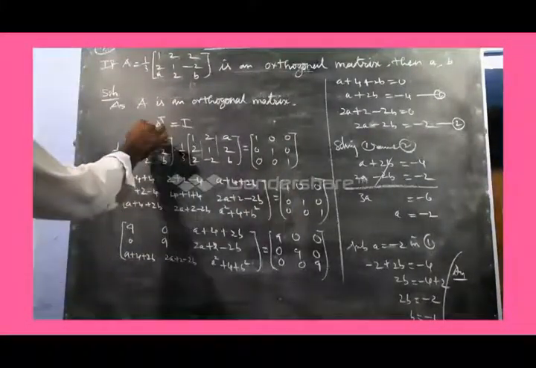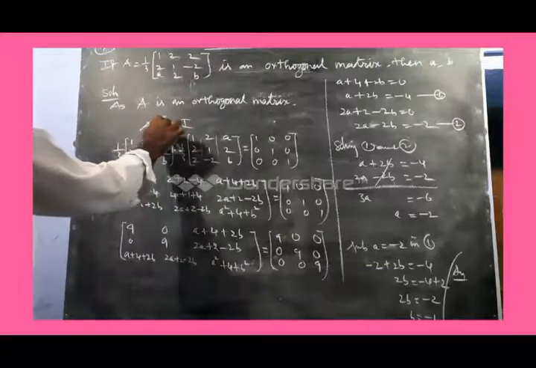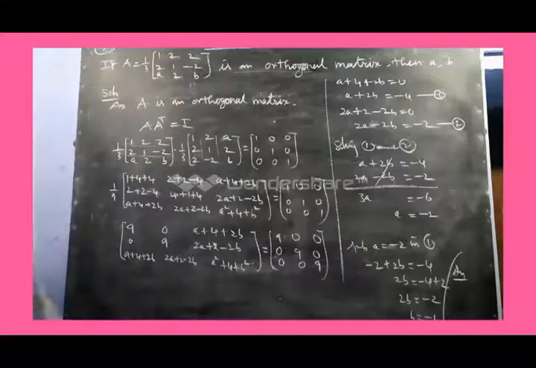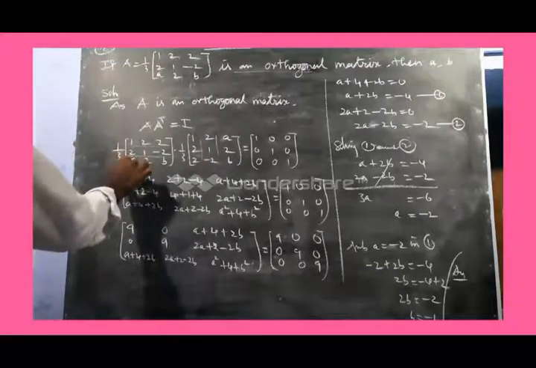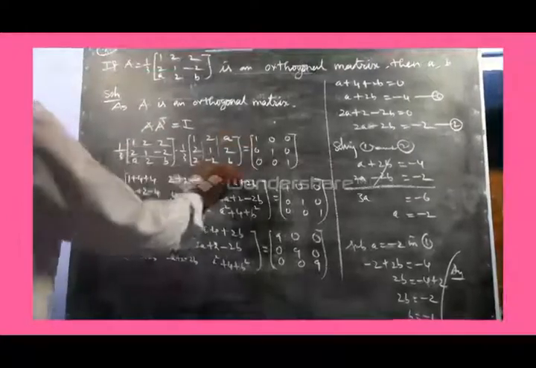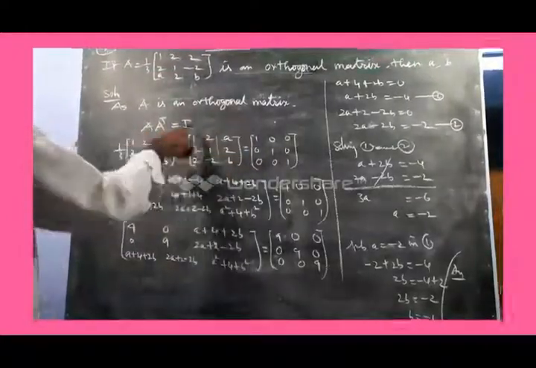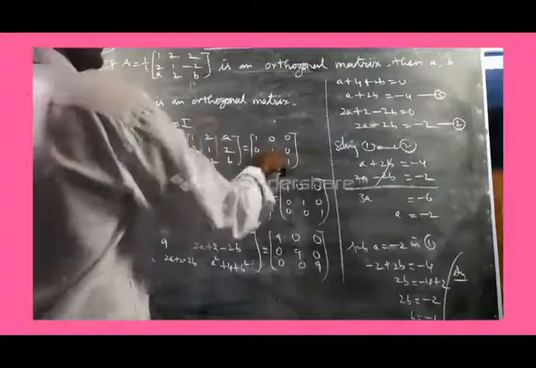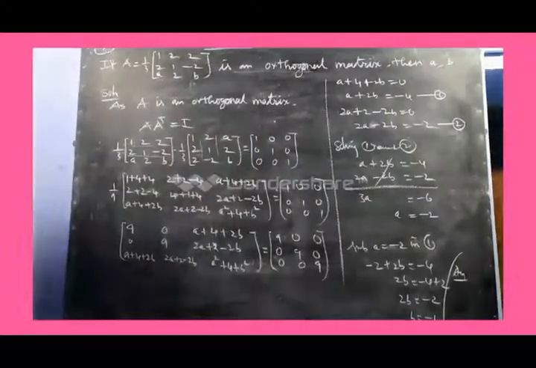So the formula for an orthogonal matrix is A into A transpose equal to I, the unit matrix.